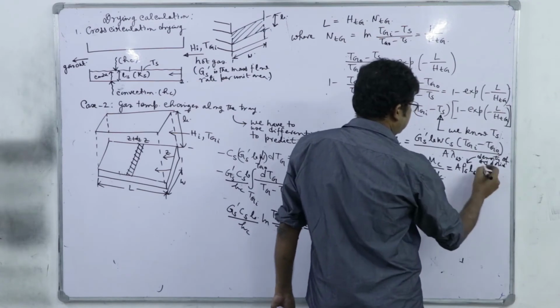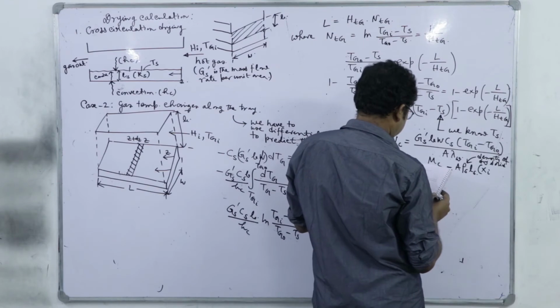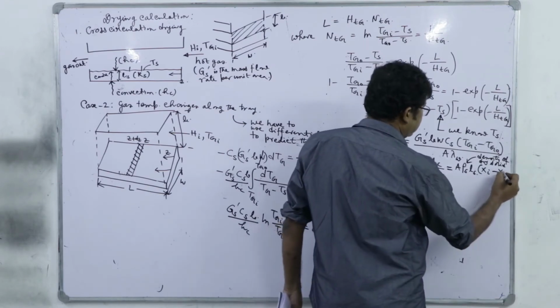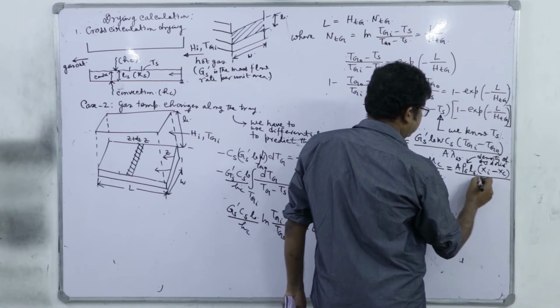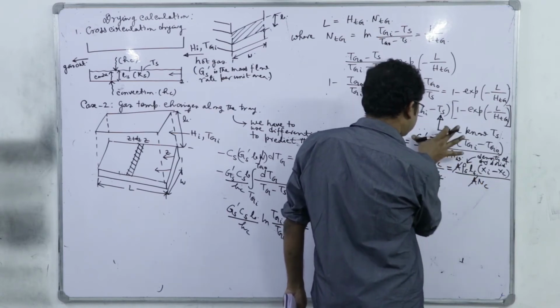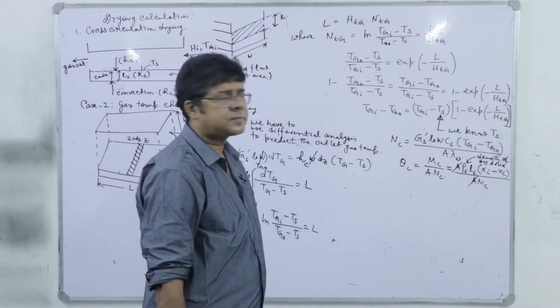Now this multiplied by Xi minus Xc, that is the total moisture to be removed divided by ANC. So A cancels out, so simply if we substitute the value of NC, we will get theta C.